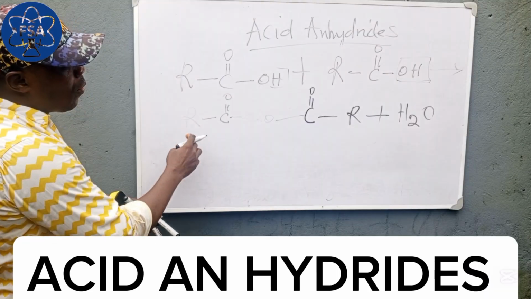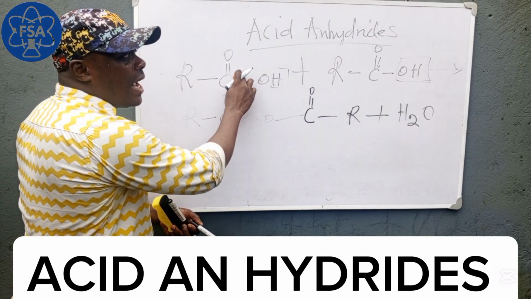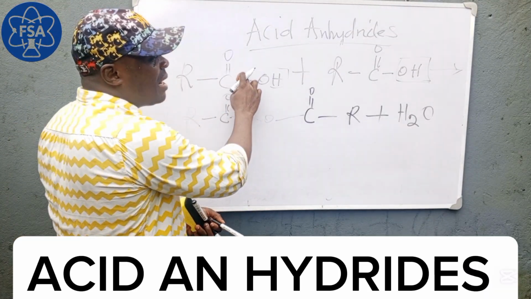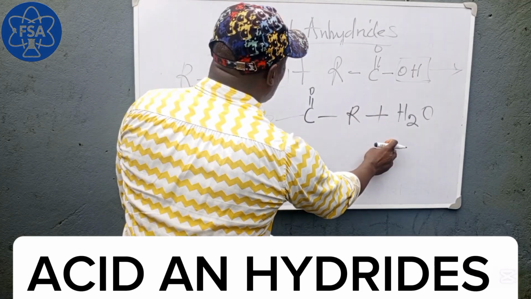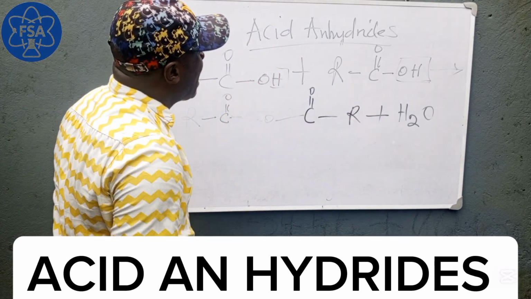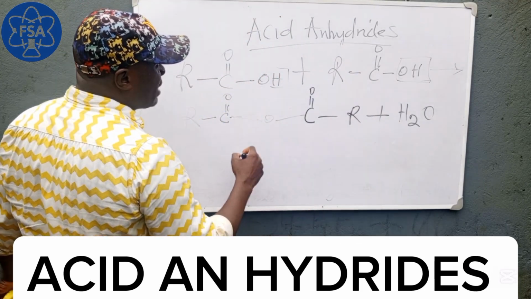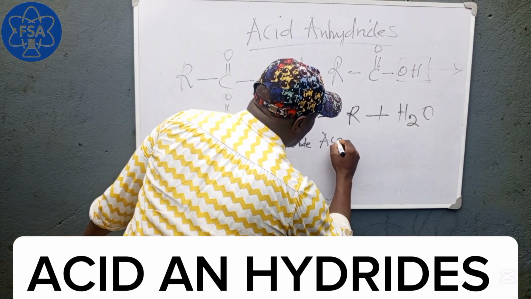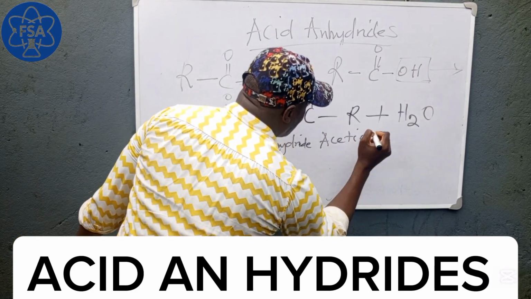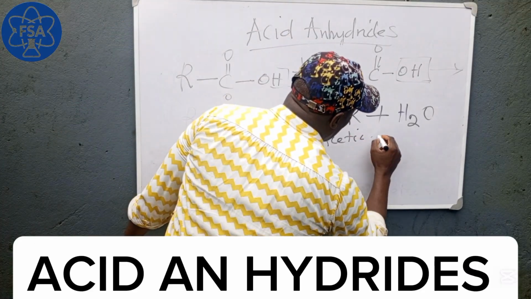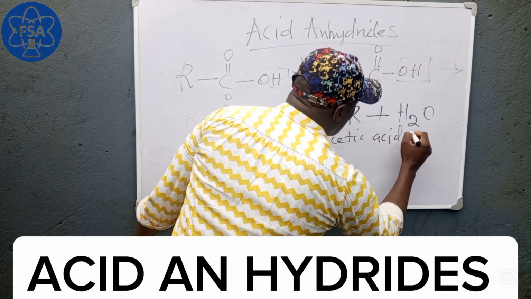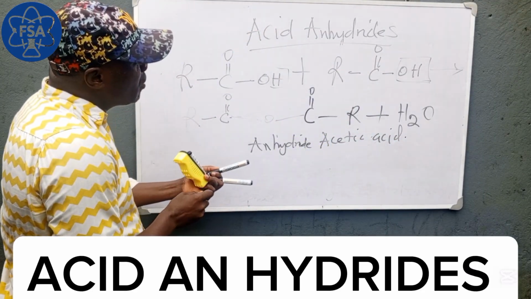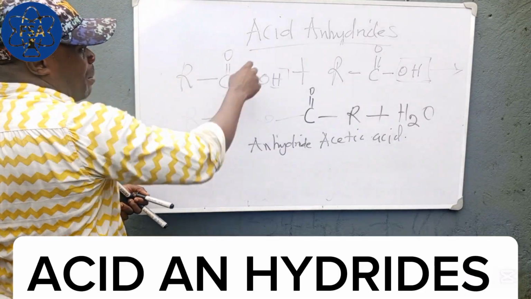When these two ethanoic acids react together under a dehydration process, they form an acid anhydride, which is acetic anhydride.